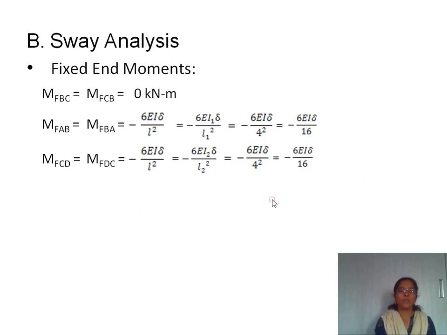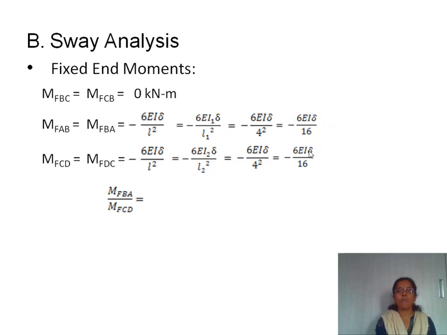Okay. So now if we know the value of delta, we can directly calculate the values of minus 6EI delta by L square. Since we don't know the value of delta, to eliminate this unknown, E we can assume, but delta we cannot, since we don't know the value of delta.